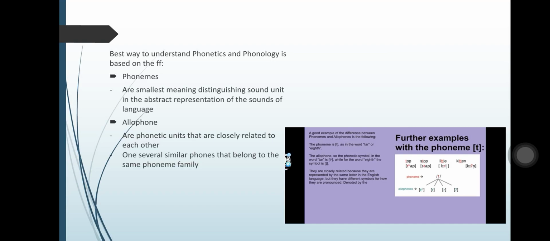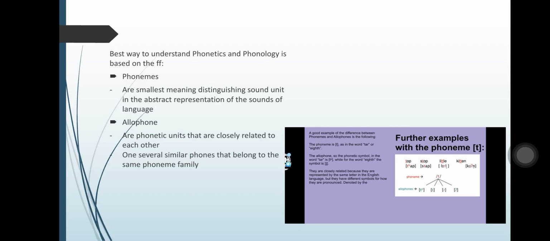In the phoneme T, we have allophones: the sound TH, T itself, R, and then the silent T. For example, I have here words that best describe these allophones and phonemes. In the phoneme T, I have the word tap, where our allophone is TH.